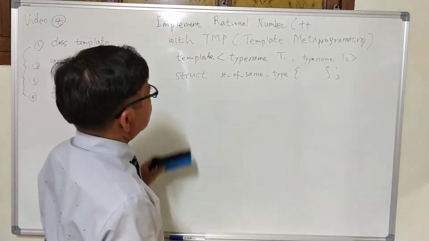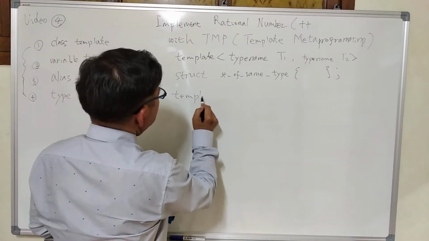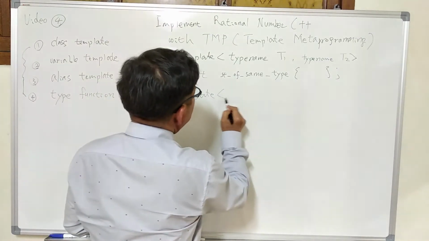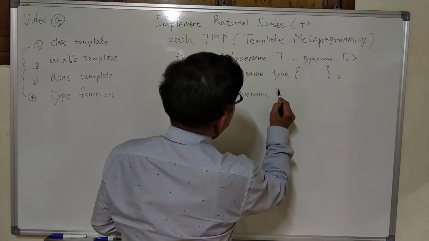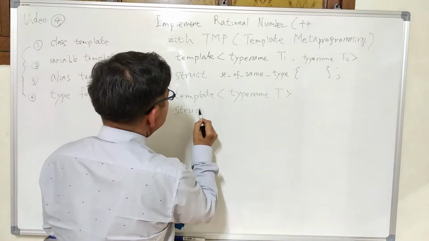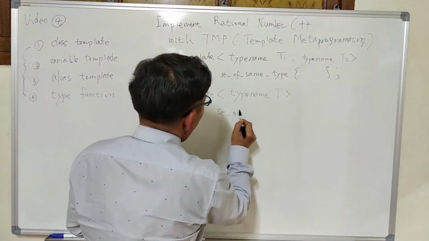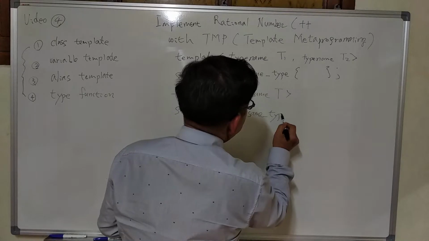We can specialize it like this. For example, template, typename T, struct ST, of same type.